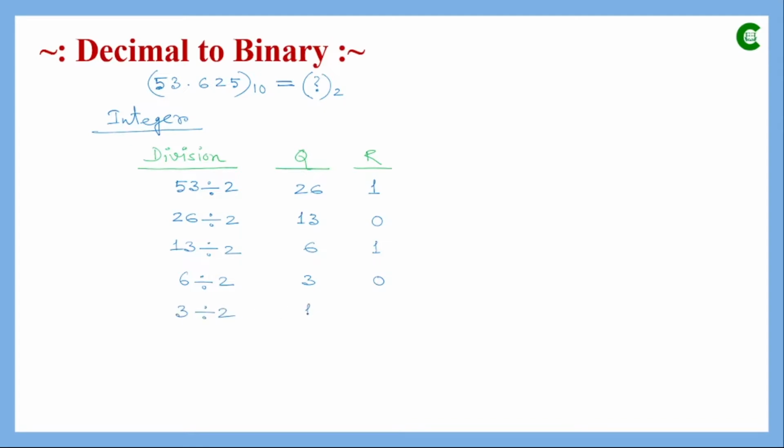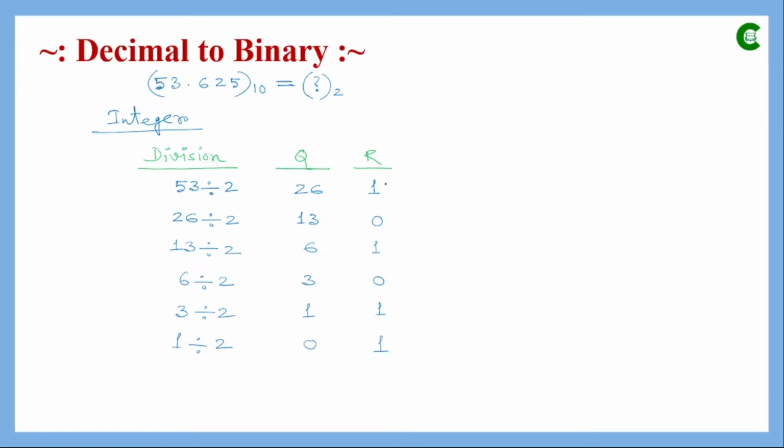So here the quotient will be 1 and the remainder will be 1. Though this number 1 is less than our base 2, we will still continue with our division until the quotient becomes 0. So in our last line we will divide 1 by 2. In this case the quotient will be 0 and the remainder will be 1.